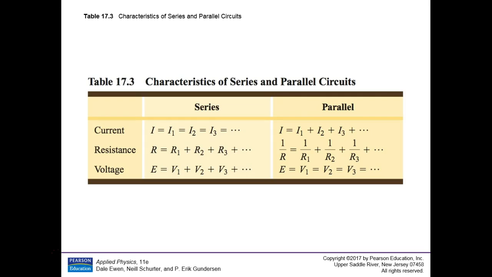So the voltage supplied by the battery is the same as the voltage drop across each resistor. So if you know the resistance and the voltage, then you can calculate the currents. Pretty straightforward. Okay. Any questions?